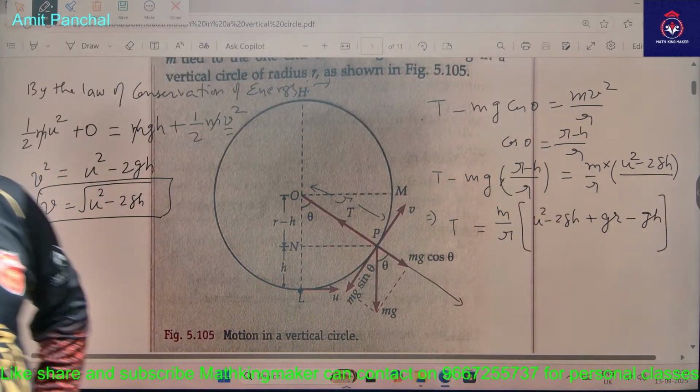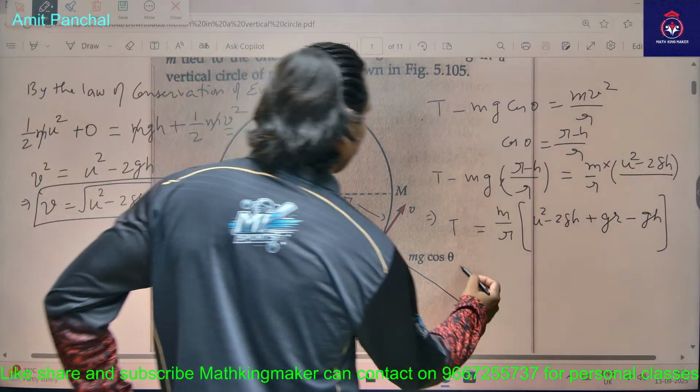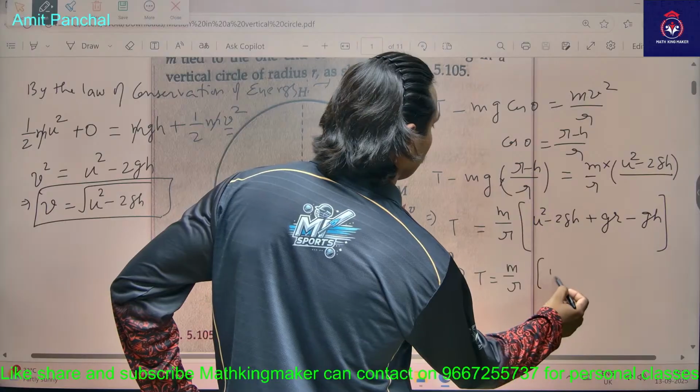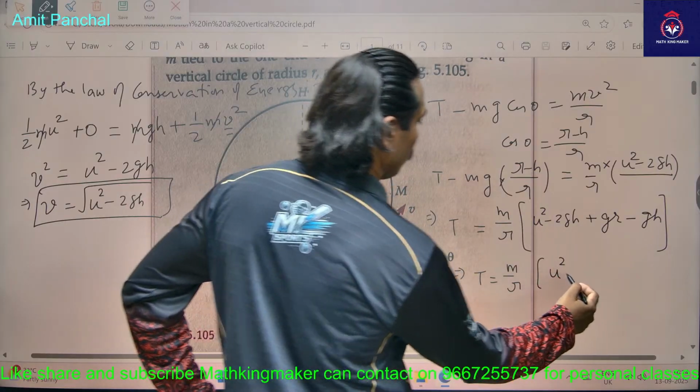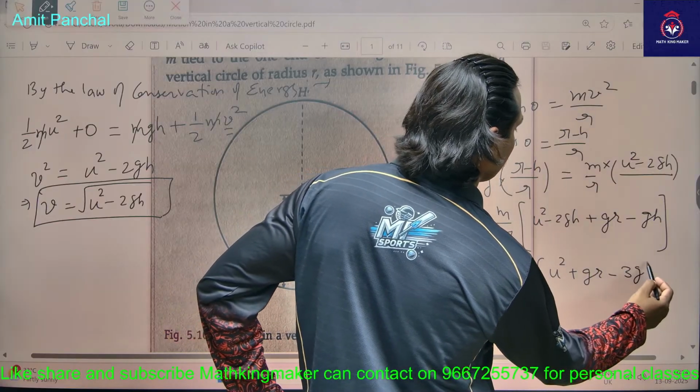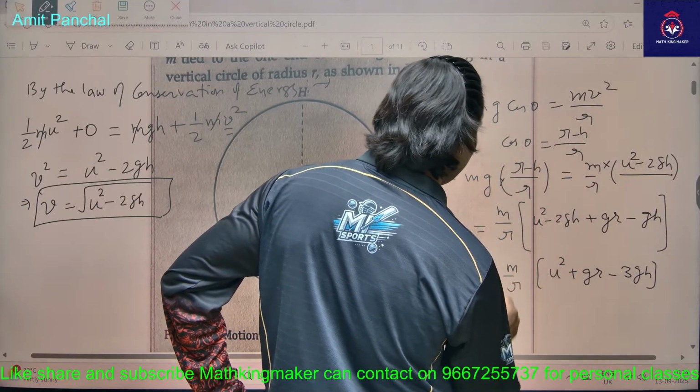Is it understood? So T will be equal to m by r (u square plus gr minus 3gh). That will be the tension in the string.